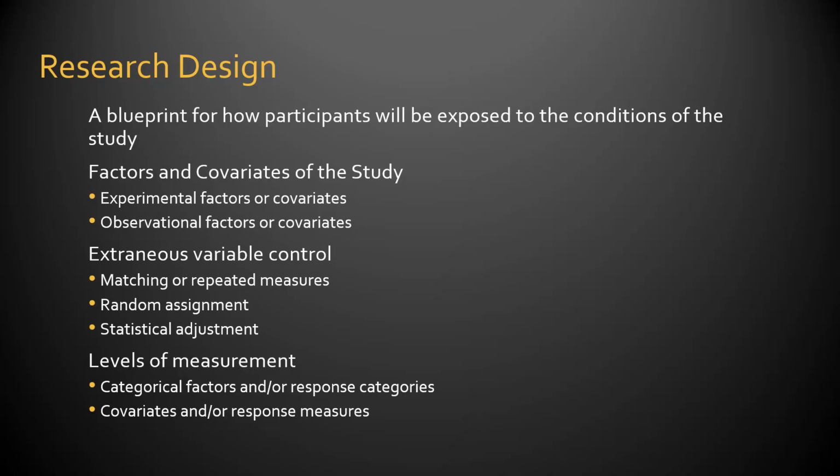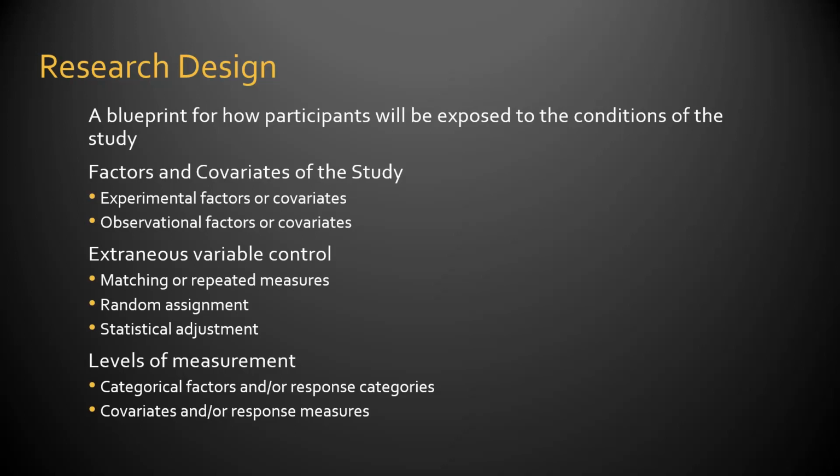That is to match individuals in a block fashion and then randomize, and the design for that would be called the randomized block, where we not only match individuals, but choose who's going to get what treatment condition. So random assignment and matching are two ways to achieve experimental variable control.